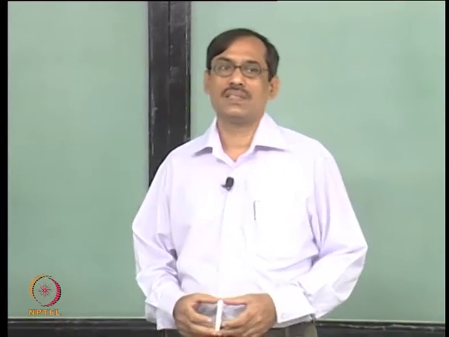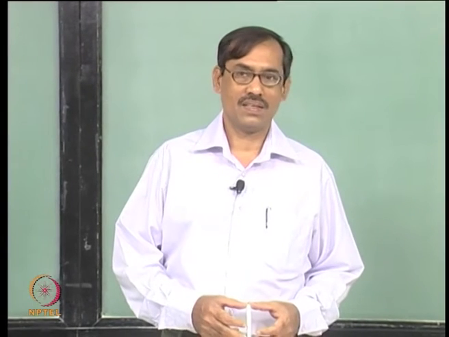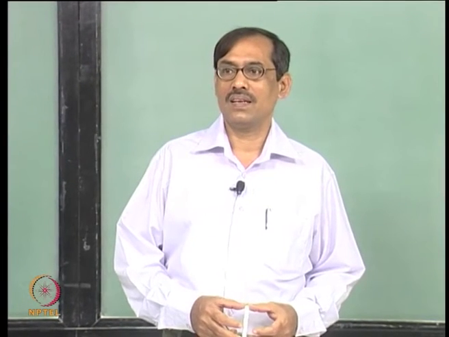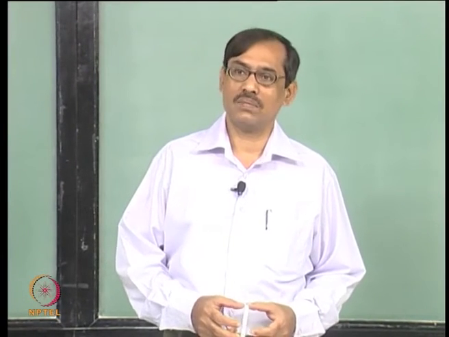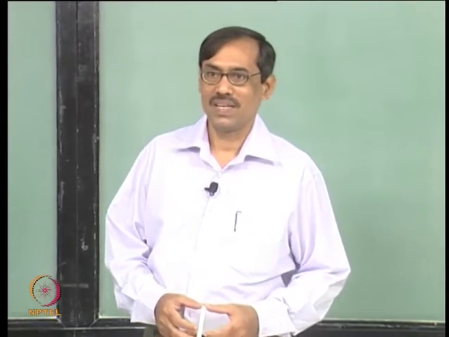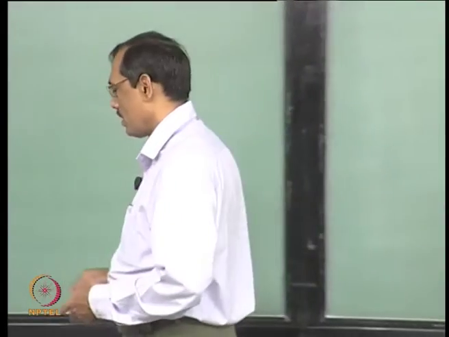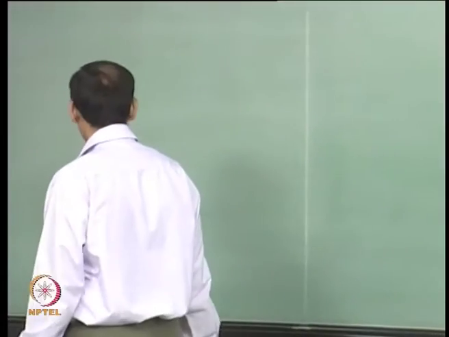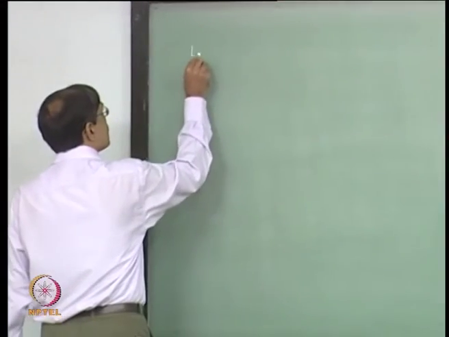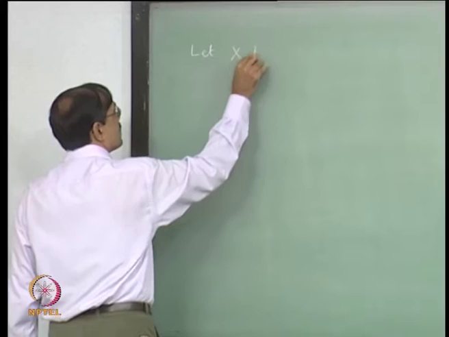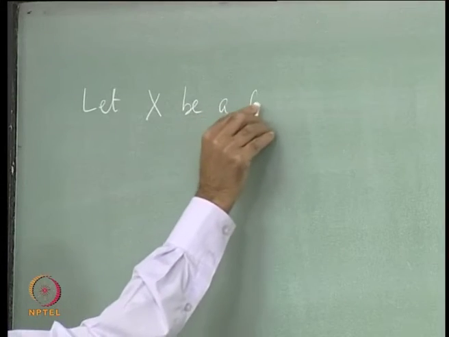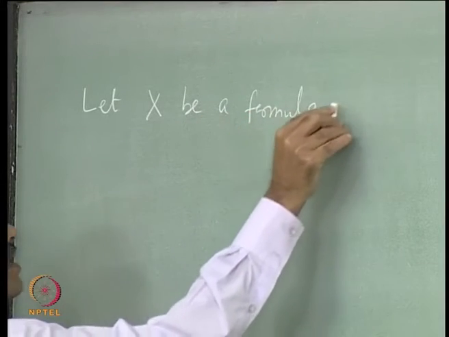So, for that we need the Herbrand domain or the Herbrand universe, then that generates the Herbrand interpretations, then the Herbrand expansions. Okay. So, we started with a formula in SCNF. So, let us keep that, let X be a formula in SCNF.